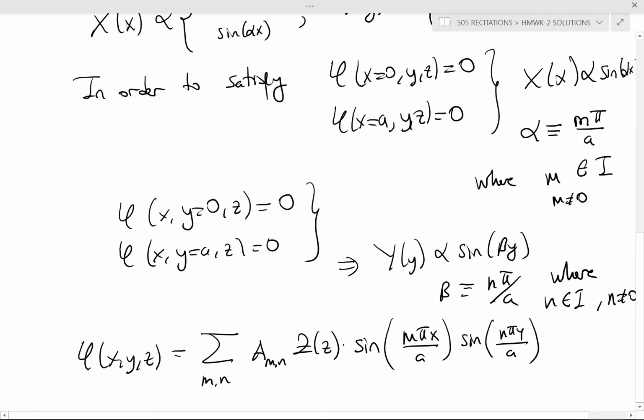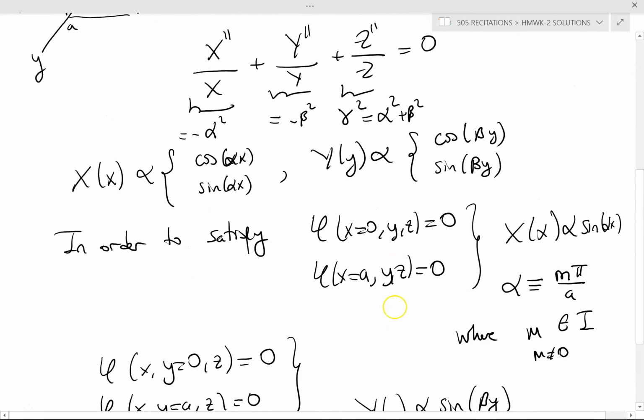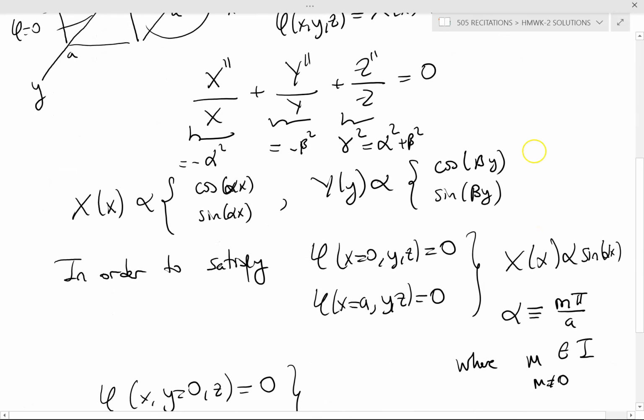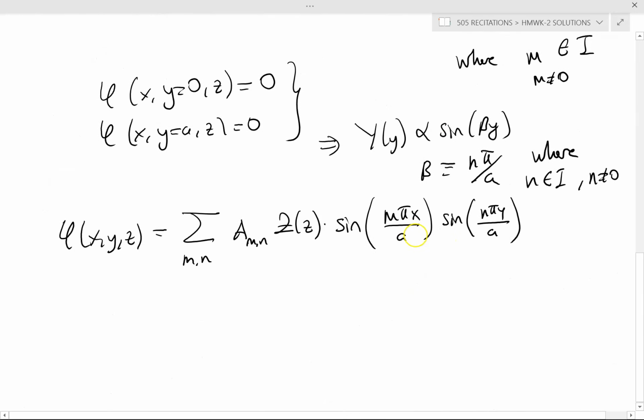But now we need to consider the boundary conditions we need to satisfy at the upper and lower surfaces. Okay, that's the idea. That also we need to satisfy.